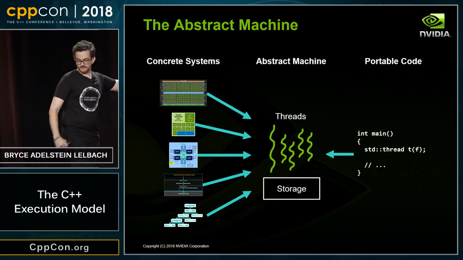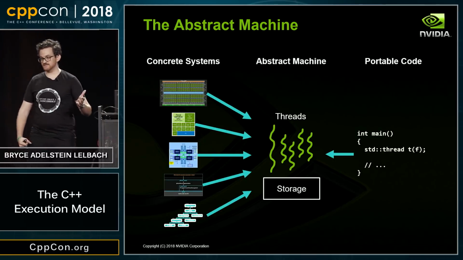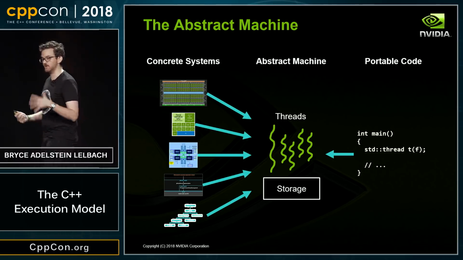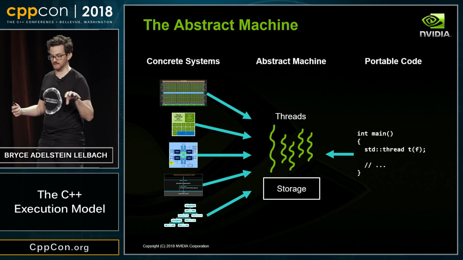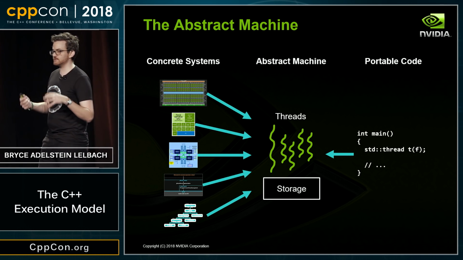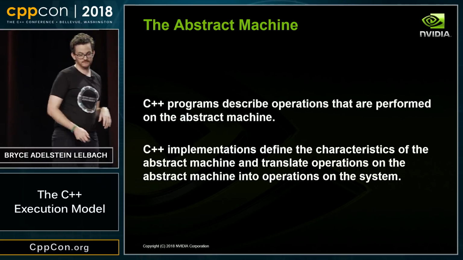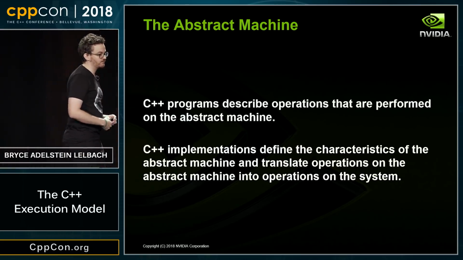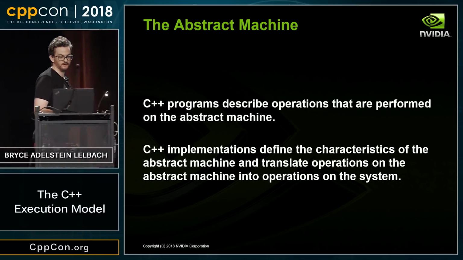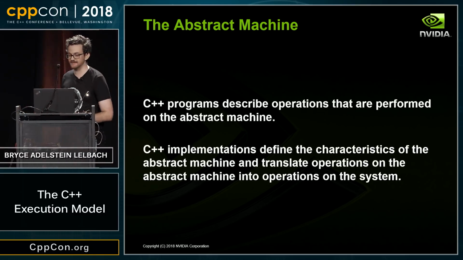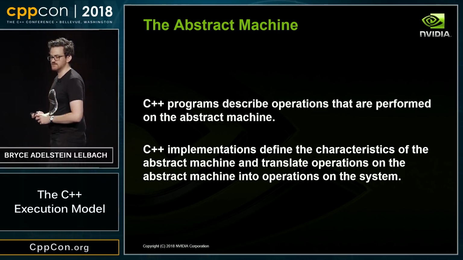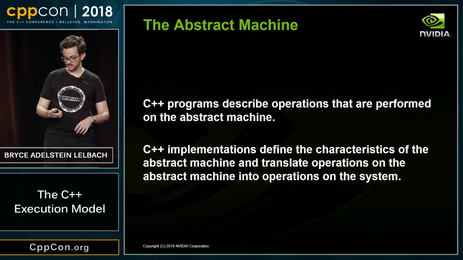On the left, you have your concrete systems, where your implementation provides the semantics of the abstract machine to you, and then you write portable code to that abstraction. This is the root of portability in C++. C++ programs describe operations performed on the abstract machine, not on actual hardware. And C++ implementations define the characteristics of the abstract machine and translate those operations on the abstract machine into operations on the system.